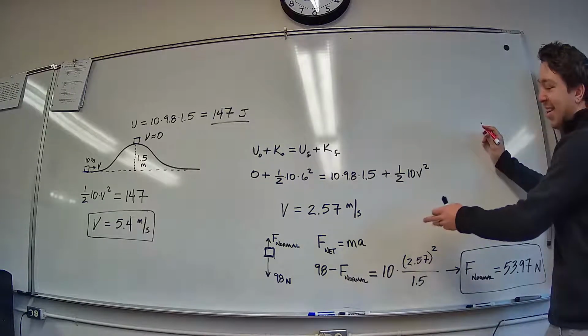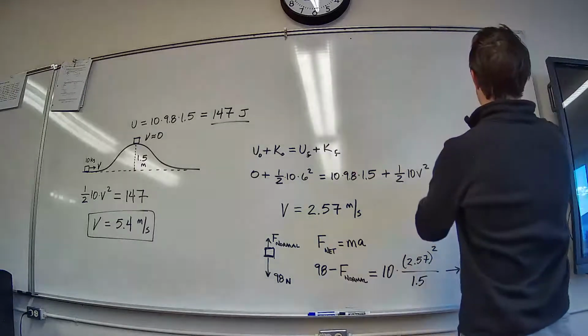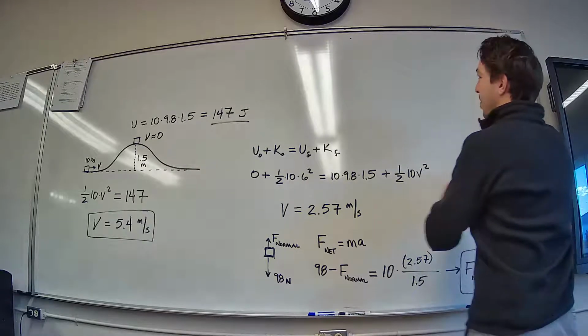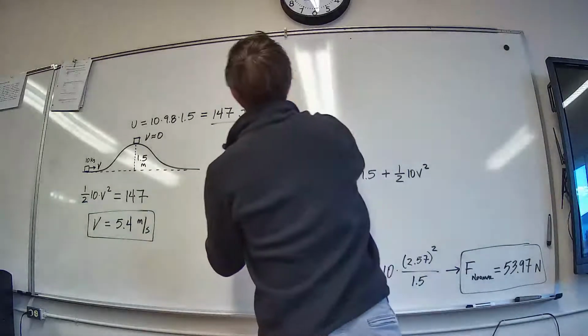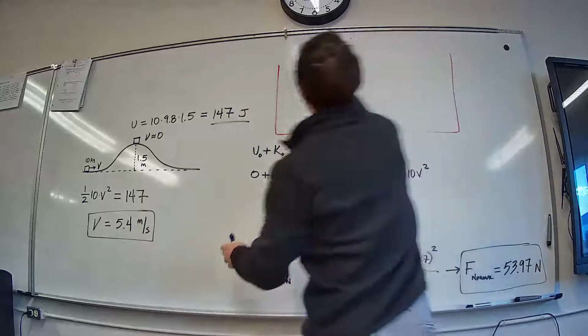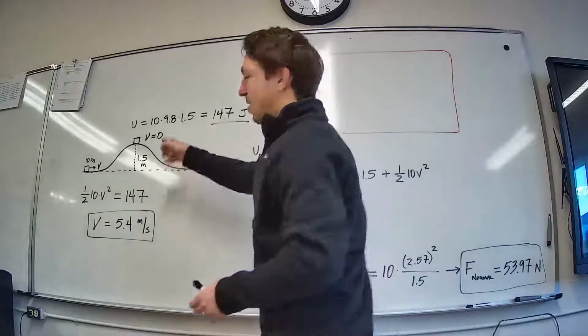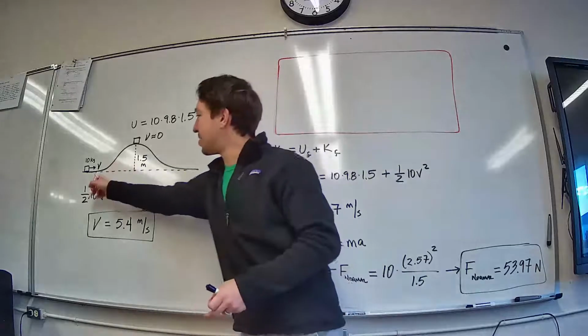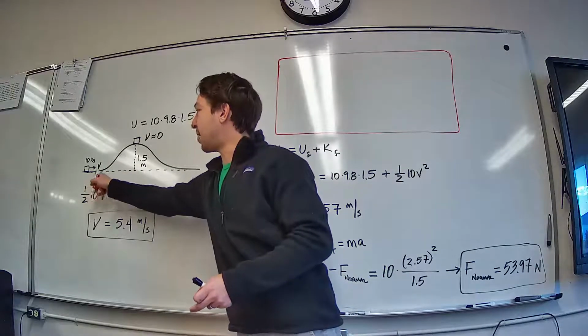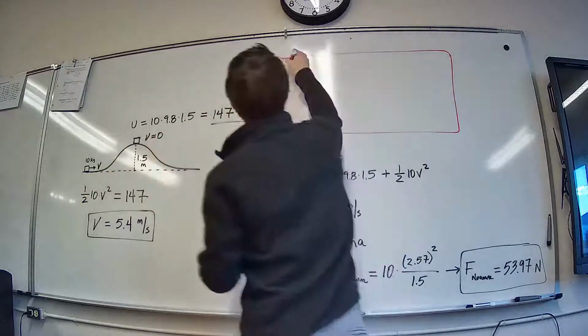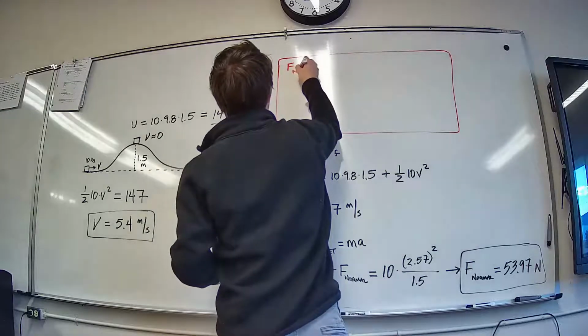So I'll box this in over here. For part C, if this is going to be the maximum possible speed that will allow him to stay on the ramp, then the normal force is 0. The logic kind of goes in reverse now.